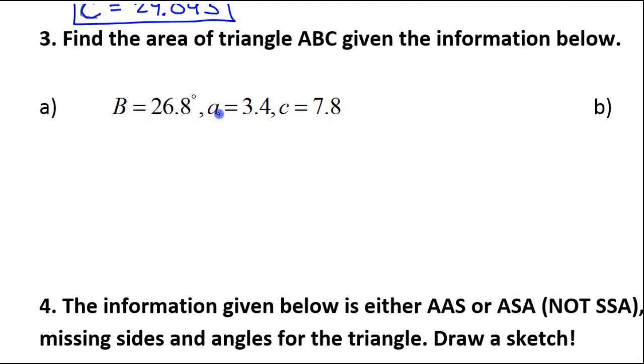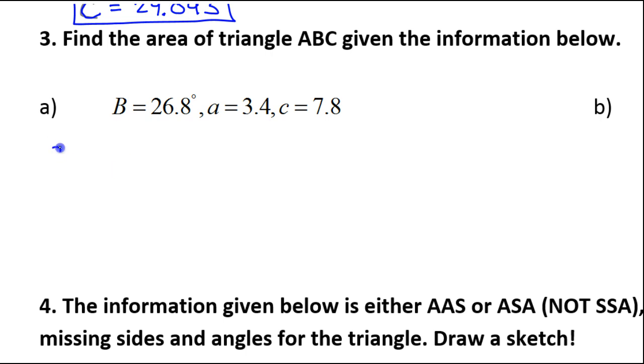You can tell by the letters. See how we have A, C, and then angle B. See how we have two letters and then the third letter. That means we're going to have two sides and the included angle automatically.